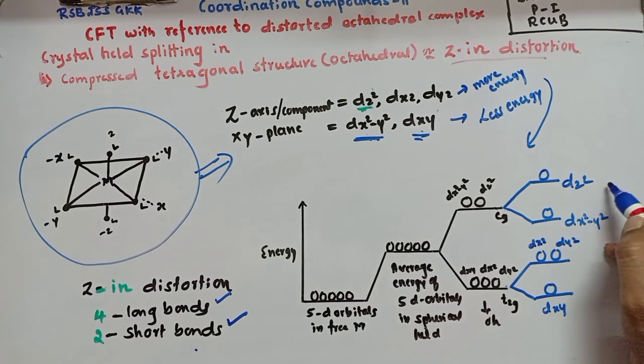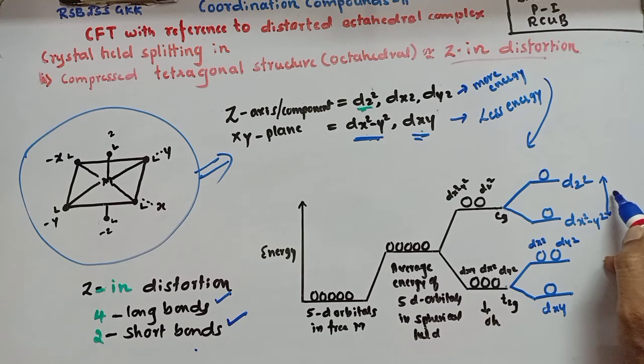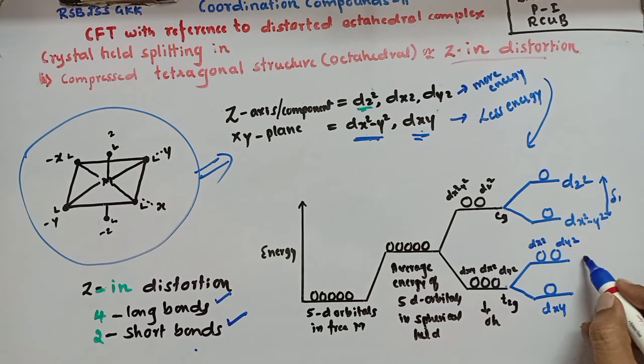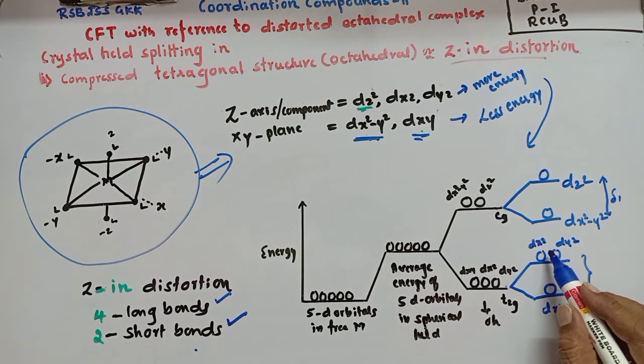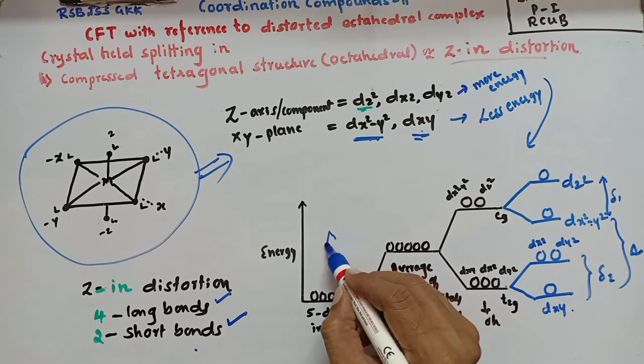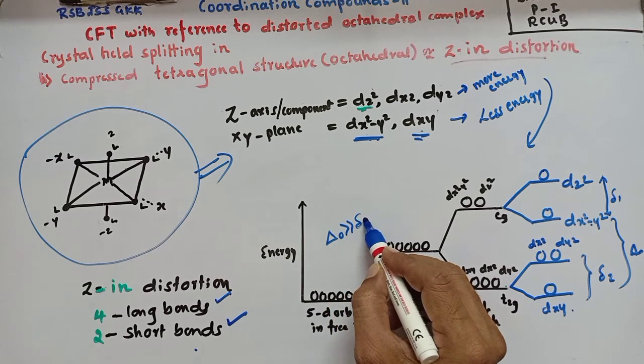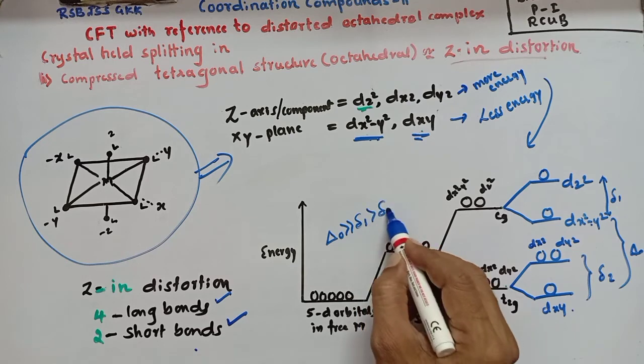Again, the energy difference between dz square and dx square minus y square is denoted by delta 1, and the energy difference between dxz, dyz and dxy orbitals is delta 2. Generally we consider the energy difference between dx square minus y square and dxy as delta naught. Here delta naught is always greater than delta 1, which in turn is greater than delta 2.